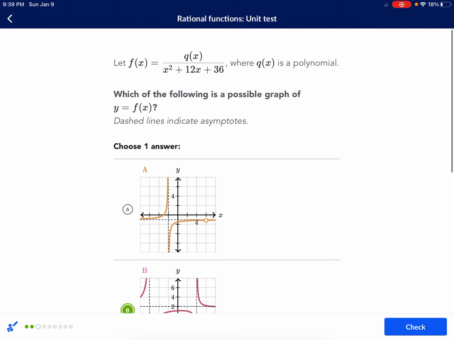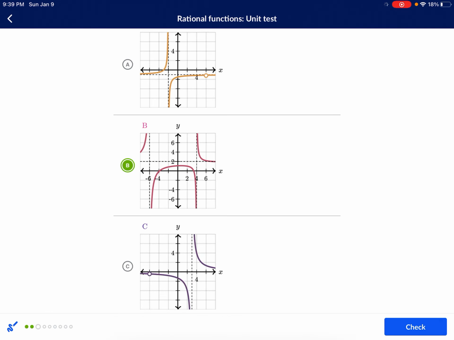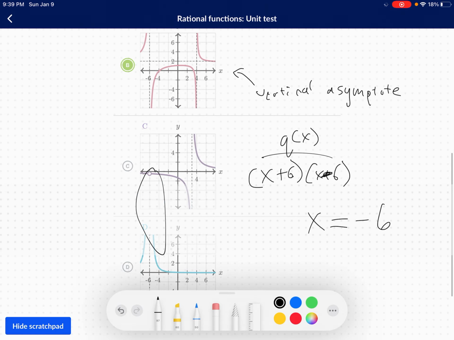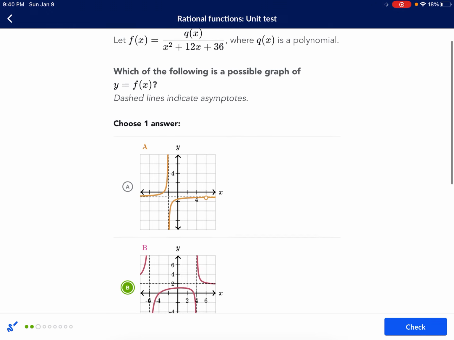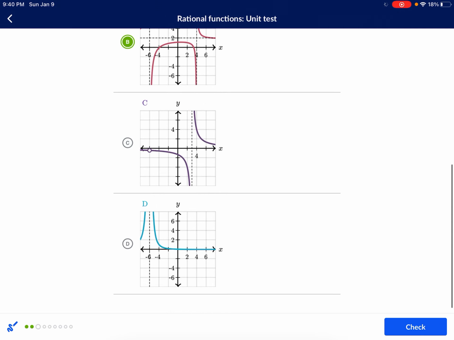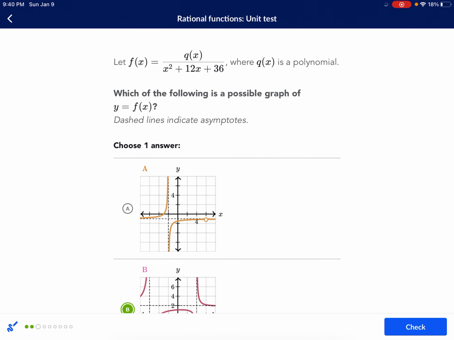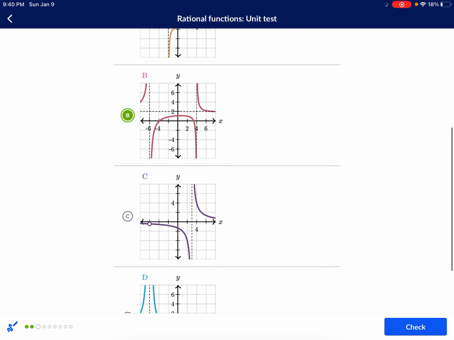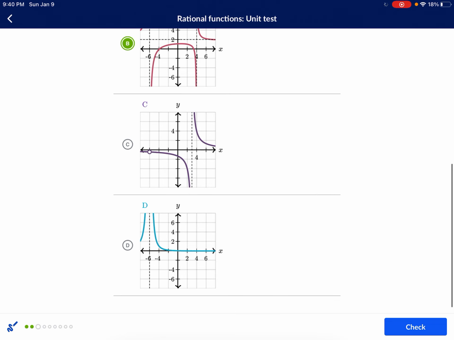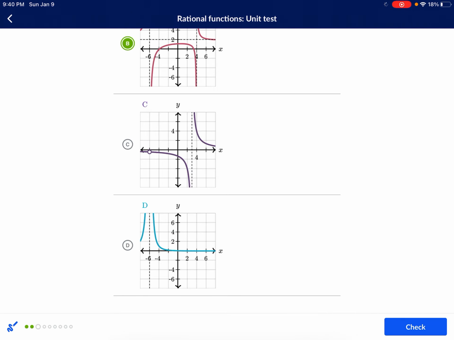Did I factor it wrong? It should be B. Let me make sure. Is there anything else? X minus negative 6, this is also a removable discontinuity. And this is also a vertical asymptote at negative 6. This is tricky.